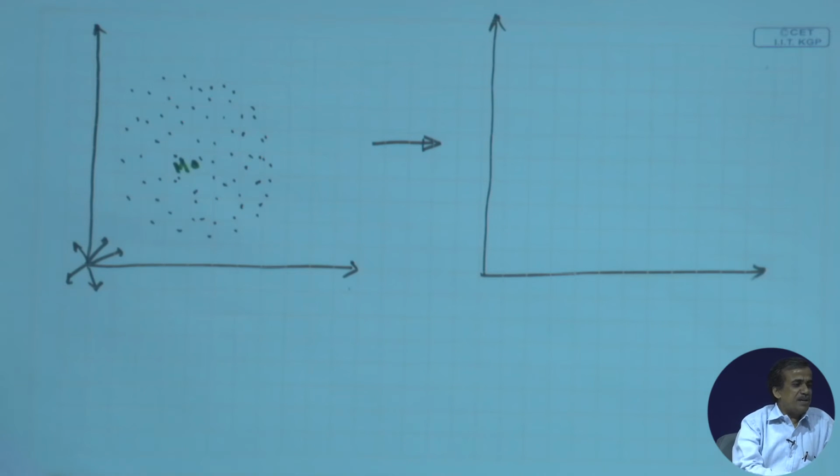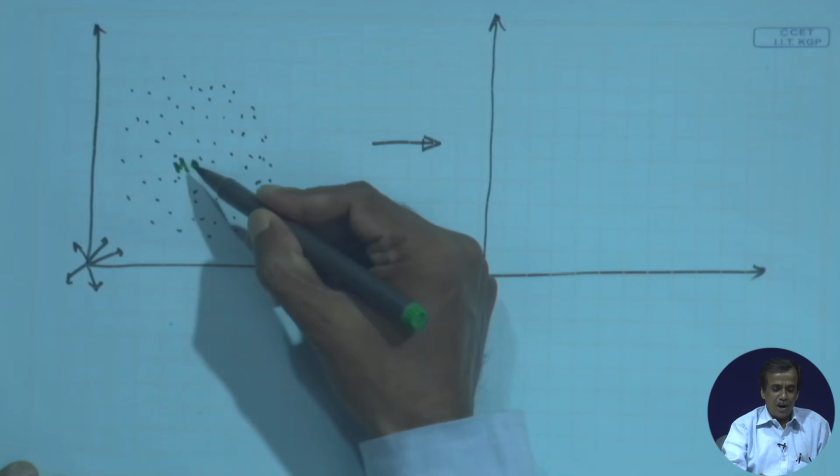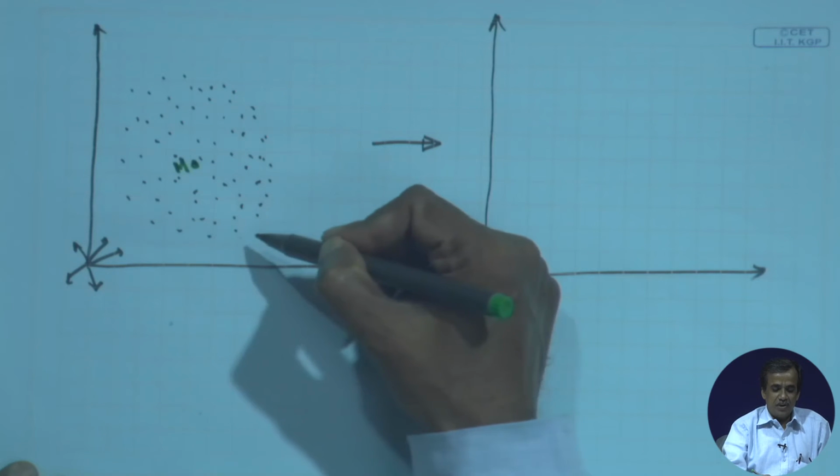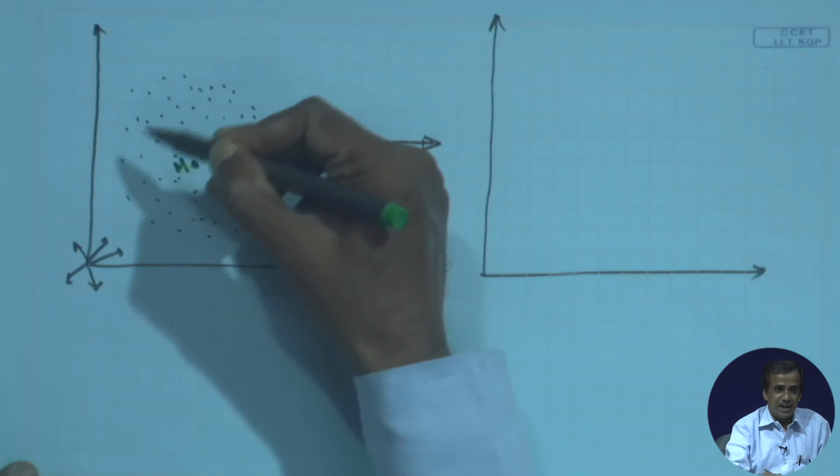So, compute centroid M of all the data points N in the original LD space, then determine the pivot point V1 such that the distance between V1 and M is the maximum of all distance values between Vi and M, where i varies from 1 to N. What does it mean? Now, M is known. From M we try to find the Euclidean distance of all capital N data points.